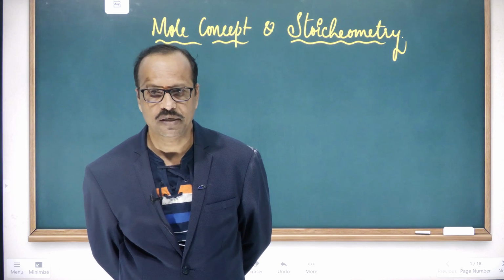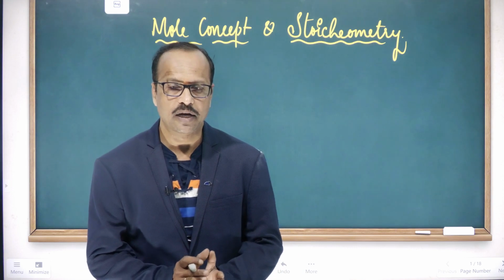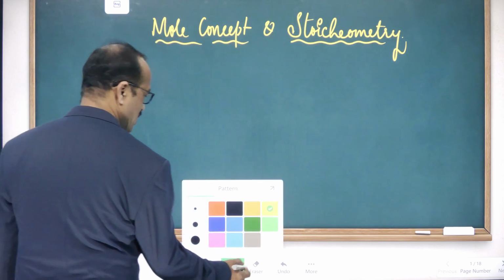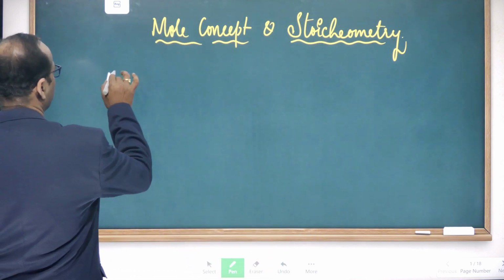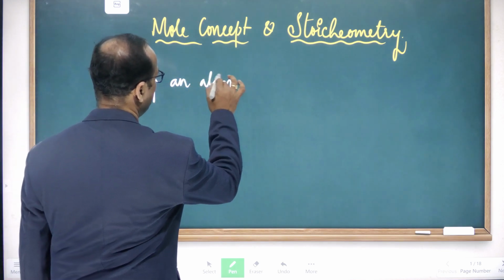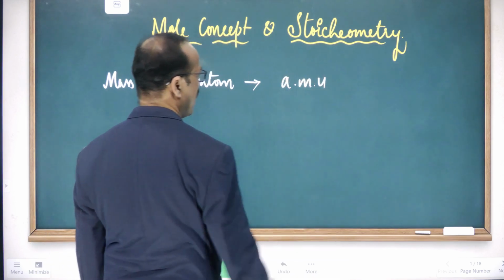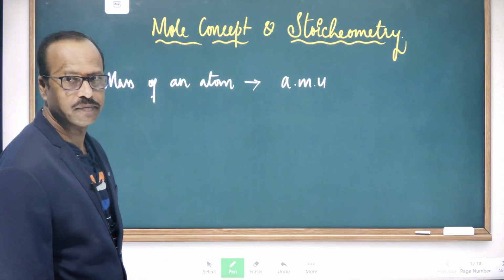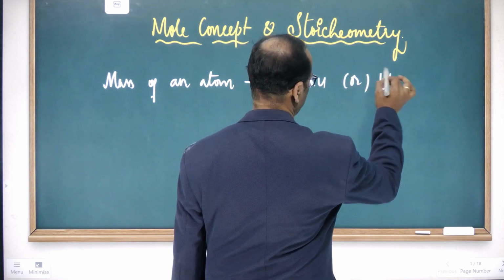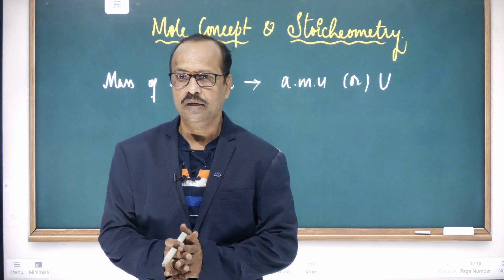The mass of an atom is measured in terms of atomic mass units, AMU, which nowadays is also called unified mass.